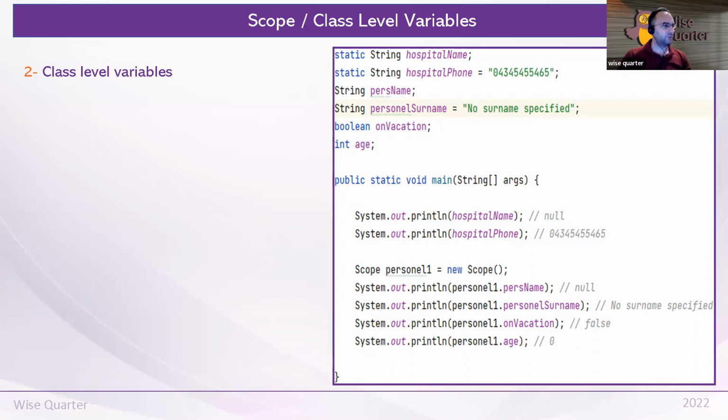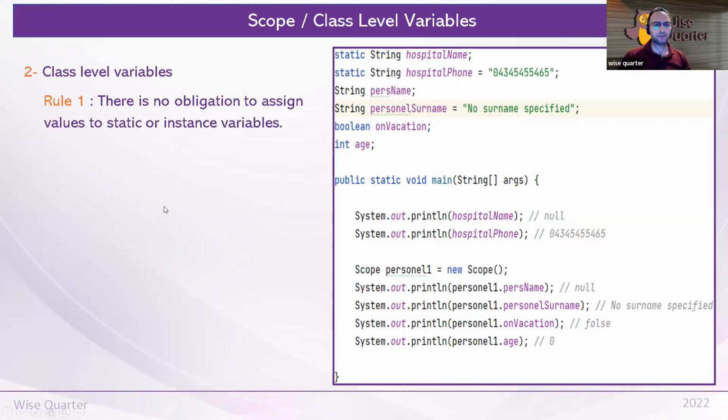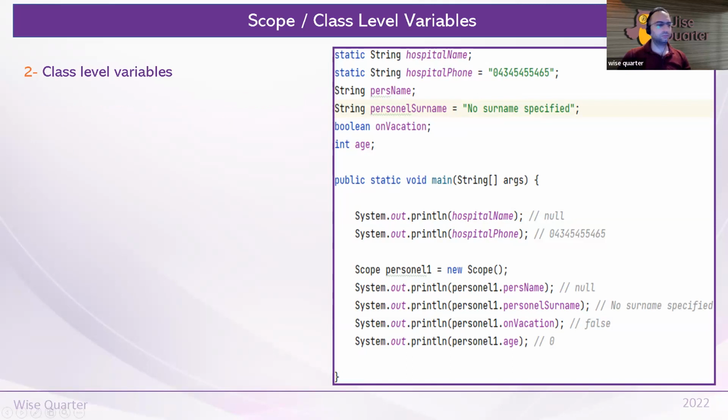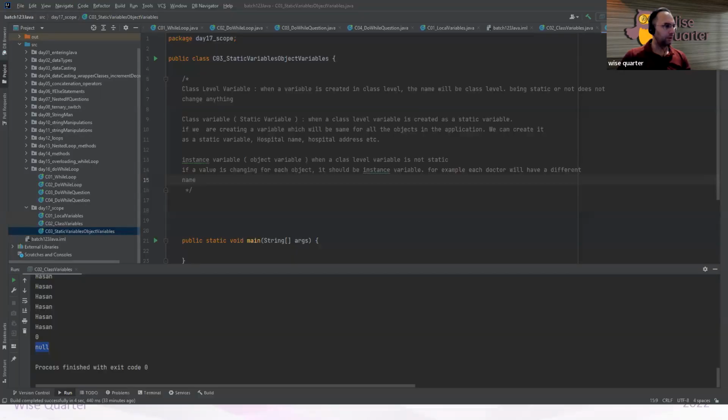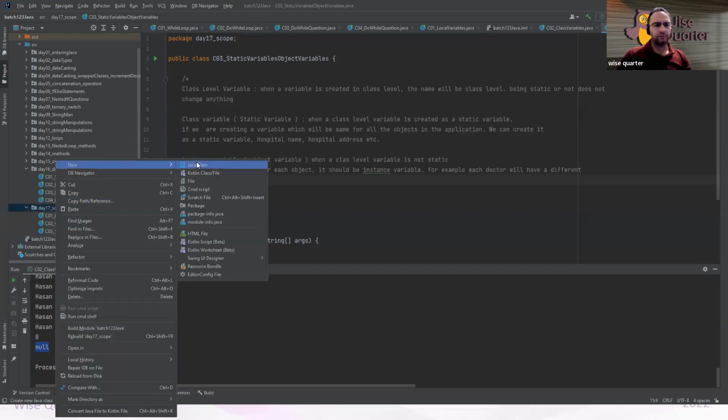Okay, let's go back and write a few things about the class level variables. I think we have covered a lot of things. Now let's try to understand object variables. I will create another class to understand.